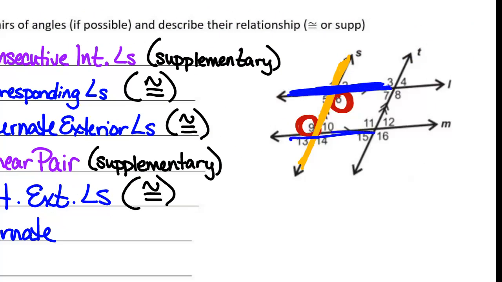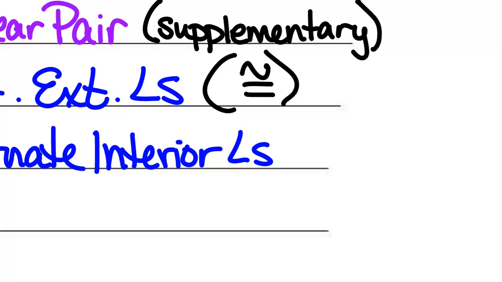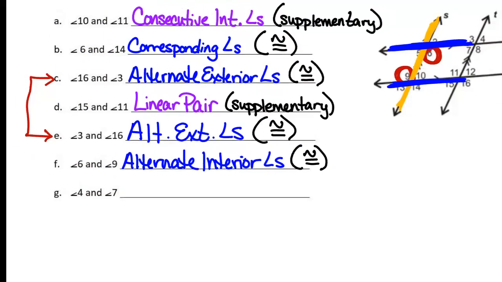L and M. Are these two angles interior or exterior to L and M? Interior. So alternate interior angles. Congruent or supplementary? Congruent. My consecutives are supplementary and my linear pair is supplementary.